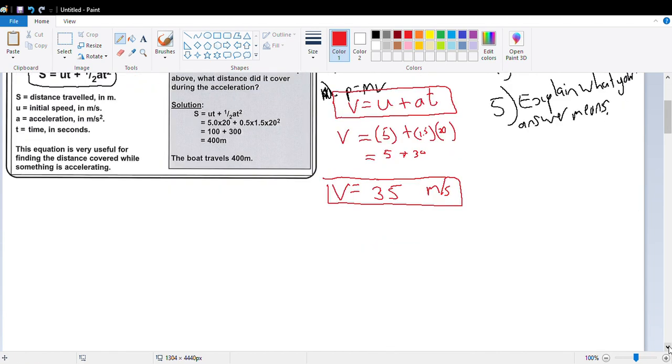Now the last step, step 5, is to write a sentence to explain your answer to see whether it's relevant.